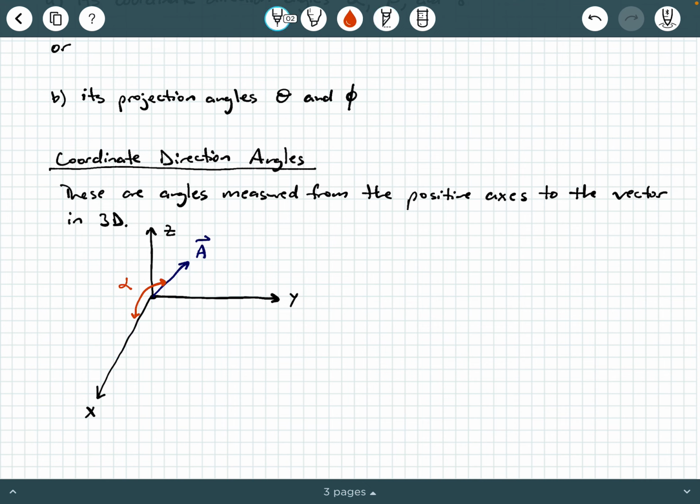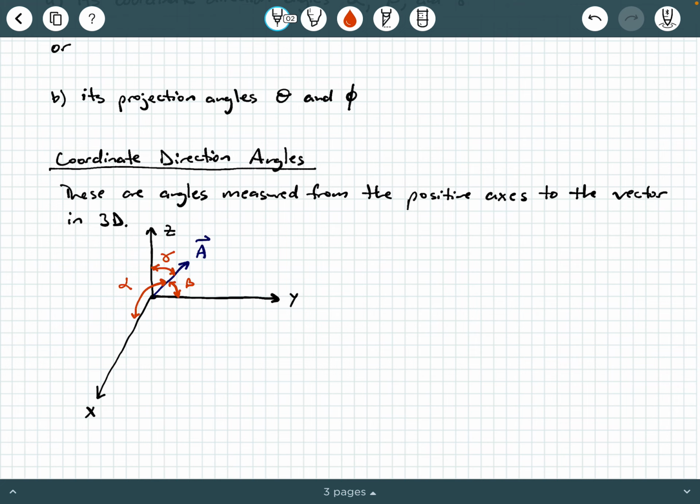Well, similarly, beta is going to be another 3D type of angle, but it's sweeping from the positive y-axis over to vector A. So beta is going to be right here. And then the third coordinate direction angle, gamma, is going to be measured from the positive z-axis to vector A, all right? So we have gamma sweeping in this direction, okay?